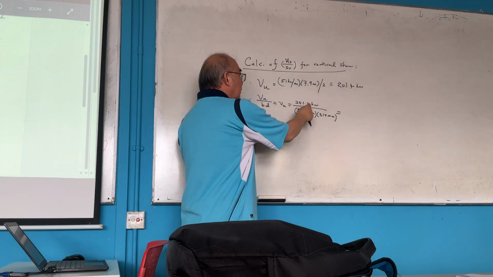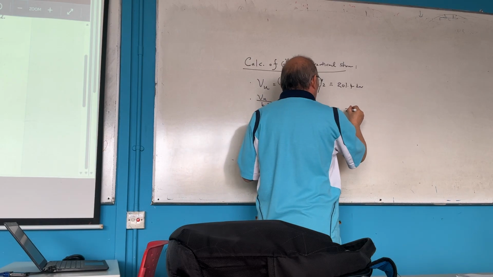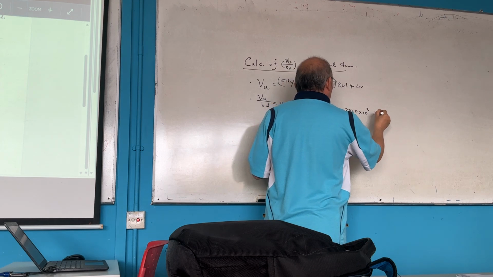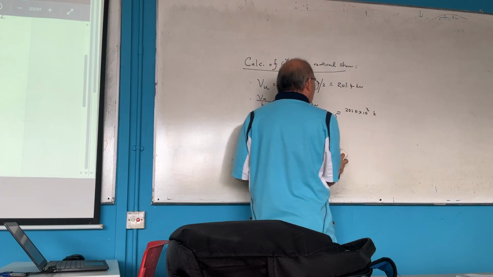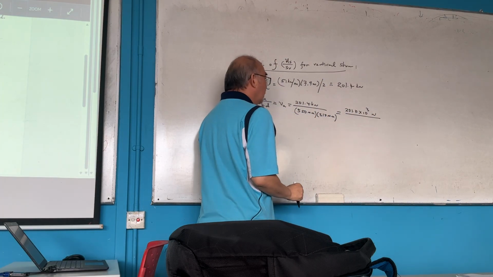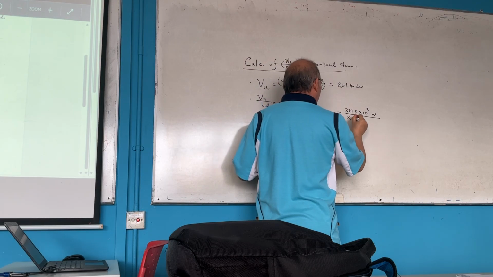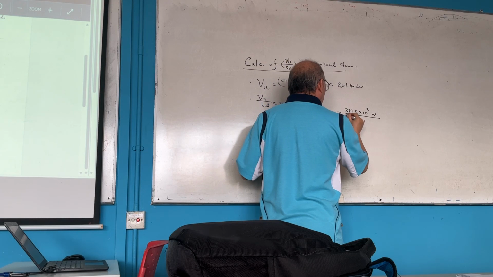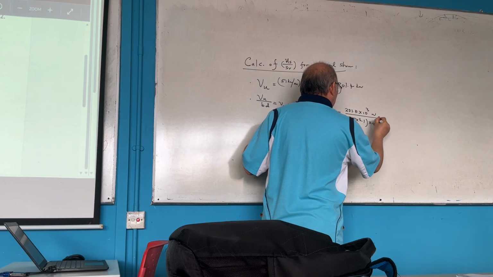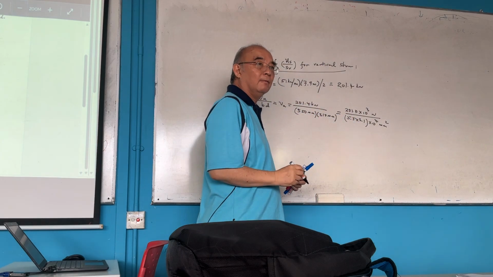Again, you need to convert kilonewton by 10 to the 3, so here is 201.4 times 10 to the 3 Newton. Then I have 5.5 times 3.1 times 10 to the 4 millimeter squared.